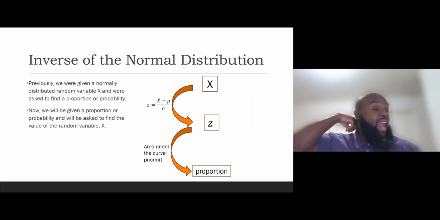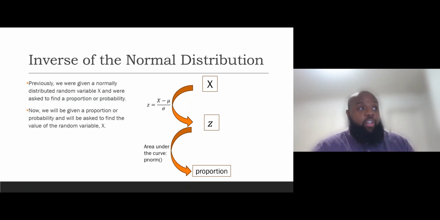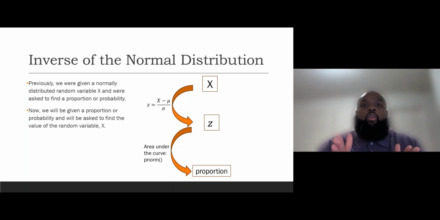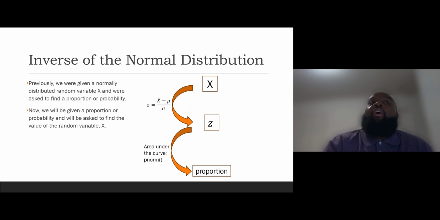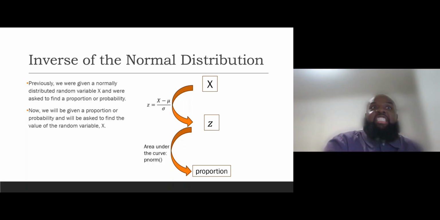Well, what we want to do now is kind of like flip it and reverse it, right? Now we are going to be given the proportion of observations that fall within a region, or that represents the area under a curve. And we want to backtrack to find the x values that align with that area. So we're going to start with the probability or proportion. And then we're going to introduce a new function that converts proportions to actual z values.